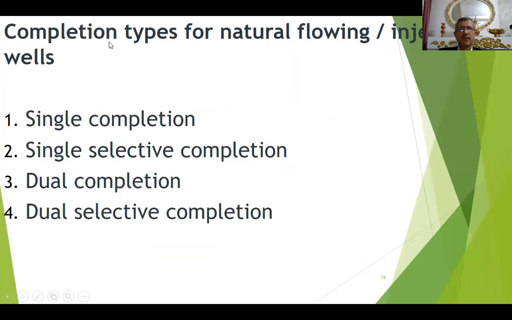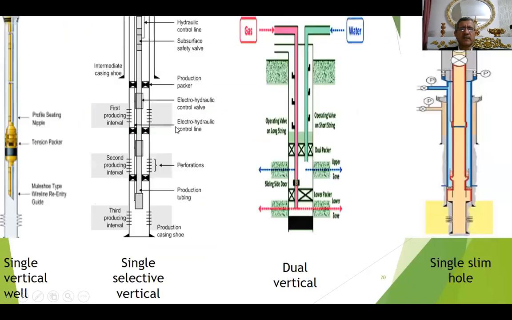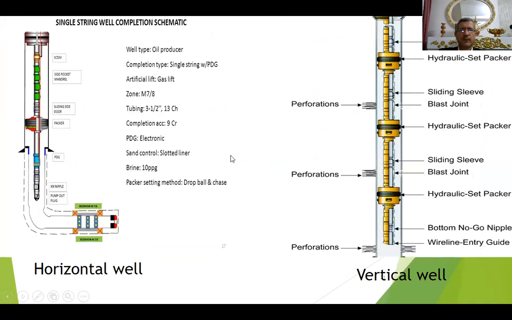Here we also have completion types for natural injector wells: single completion, single selective, dual completion, dual selective. Here we have a single slim hole, and we have vertical well and horizontal well.